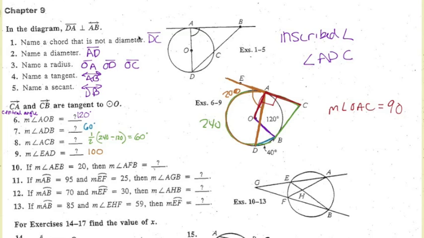Number 10, we're jumping down to the next picture. If AEB, this angle is 20, and AFB, this angle is going to be how big? 20.